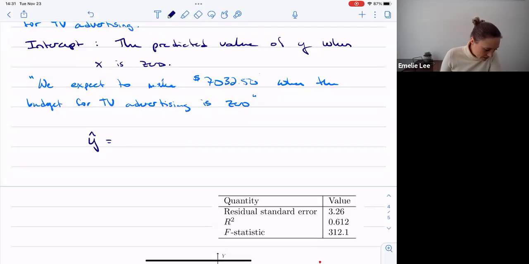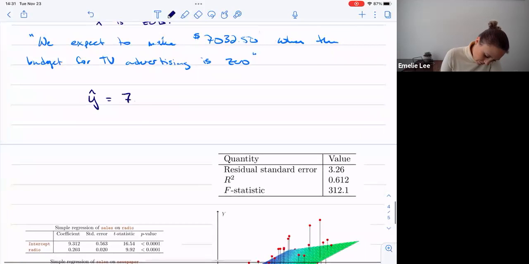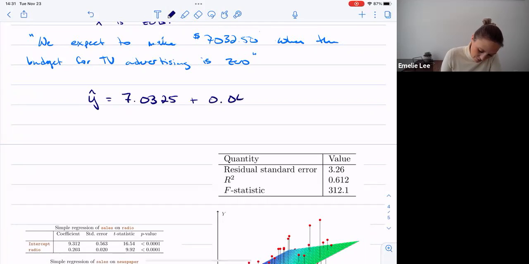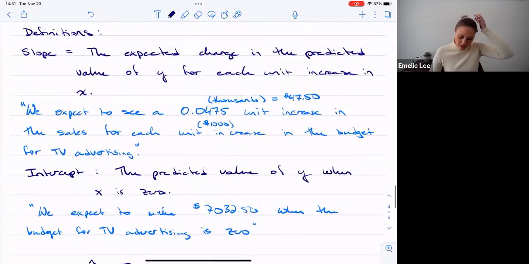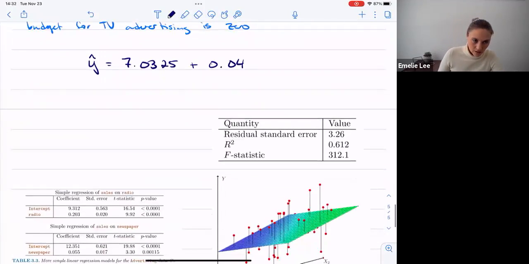Y hat is 7.0325 plus 0.0475 times X. Sometimes I'll put the TV, if it's a nice variable with a nice name like TV, then I use it. Sometimes I'll just use X.